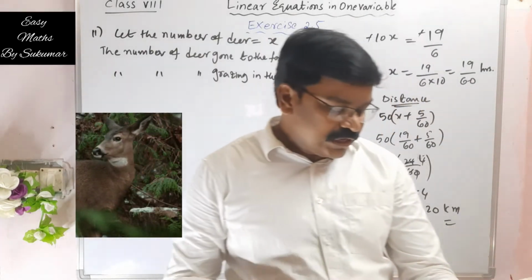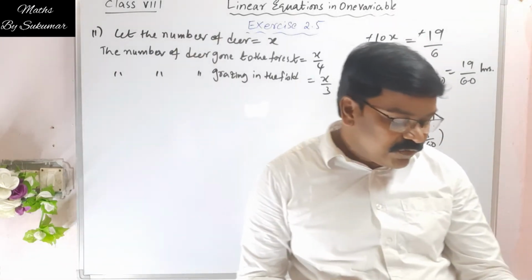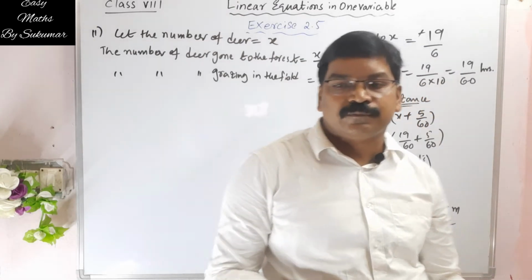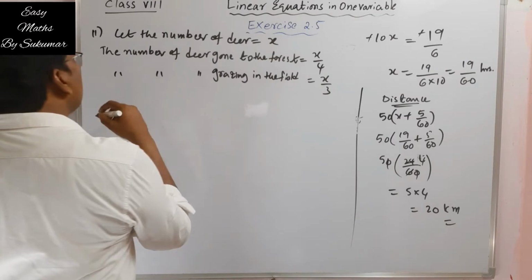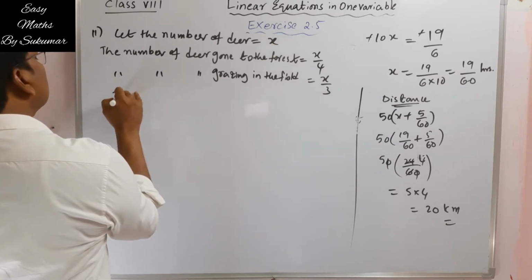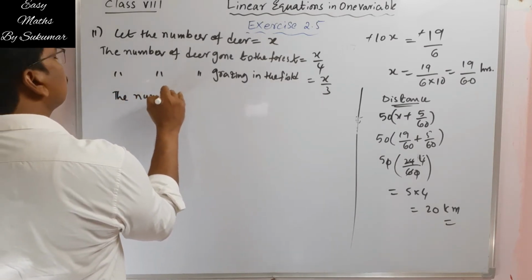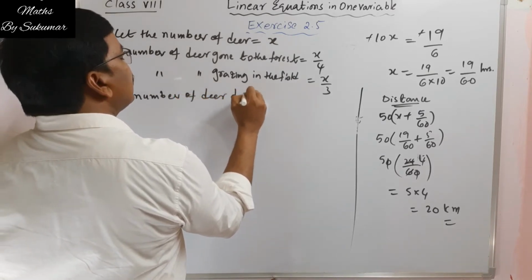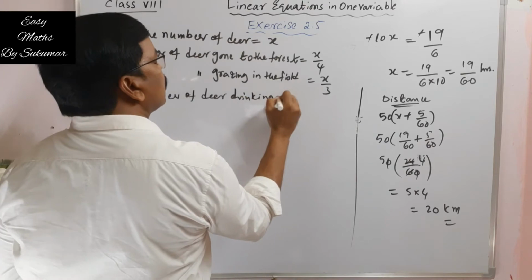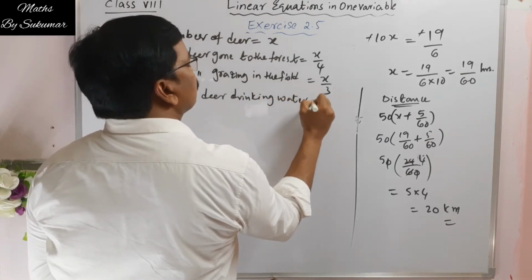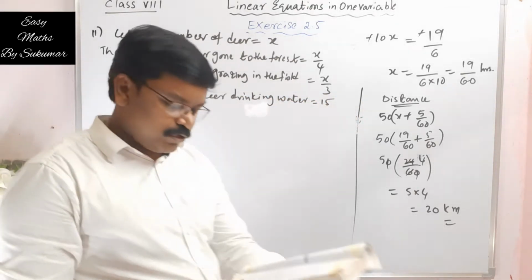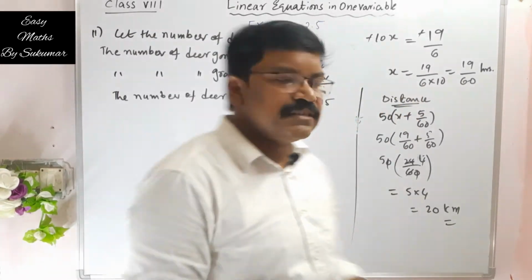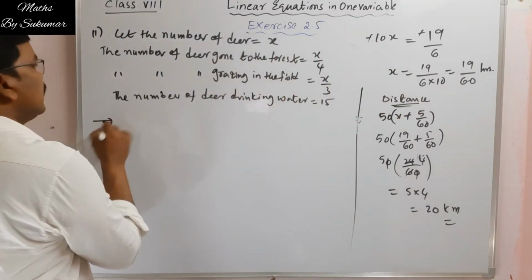The remaining 15 are drinking water on the bank of a river. The number of deer drinking water is equal to 15. Here we have to find the total number of deer.